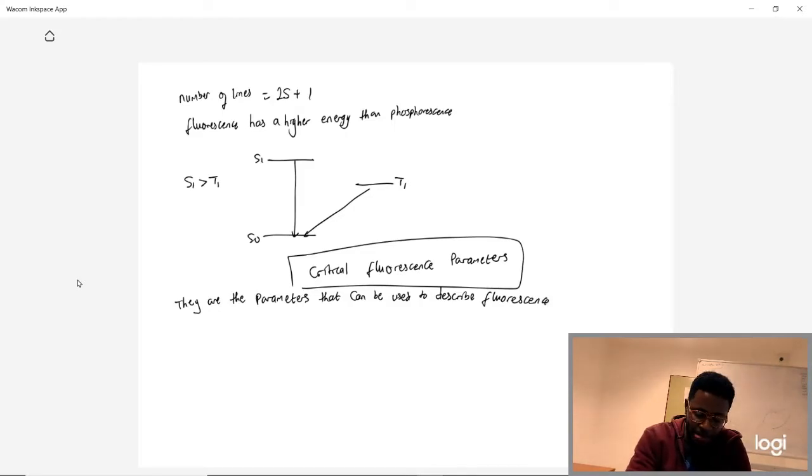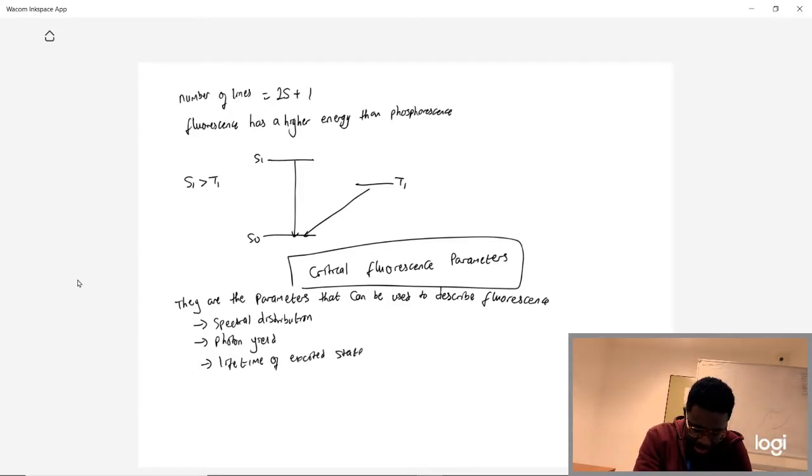What are they? Can you mention them? Spectral distribution, photon yield, brightness, lifetime of excited state, and the polarization of the fluorescent emission.